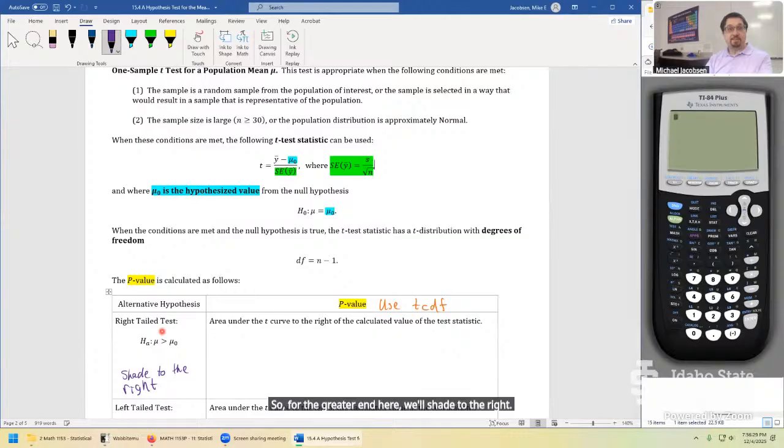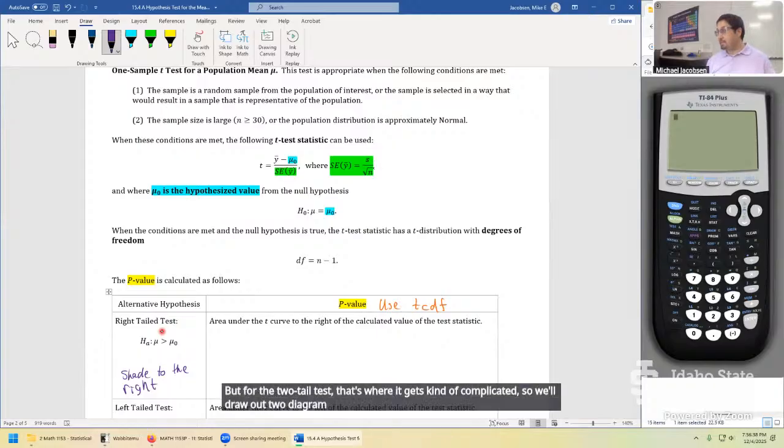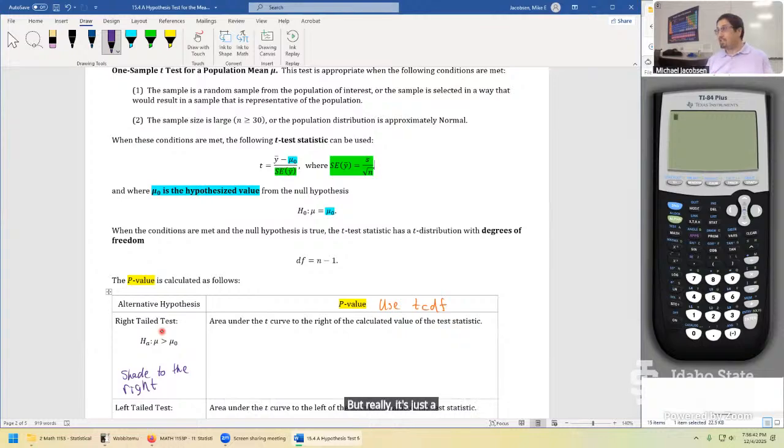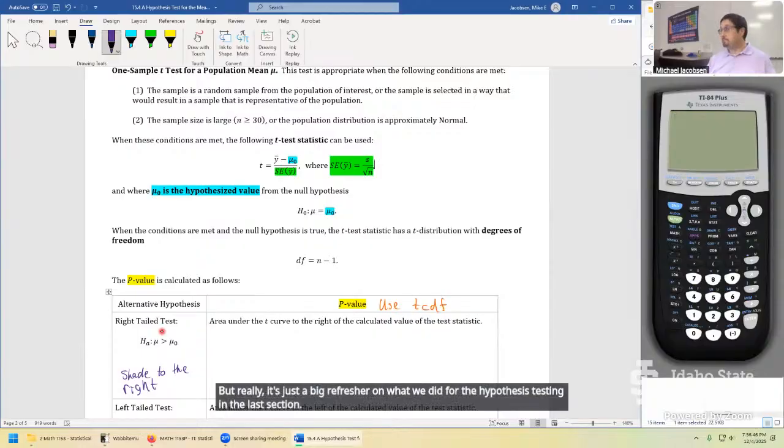For the left tail test, we'd shade to the left. But for the two tail test, that's where it gets kind of complicated. So we'll draw out 2 diagrams for that. But really, it's just a big refresher on what we did for the hypothesis testing in the last section. Other questions at the moment?